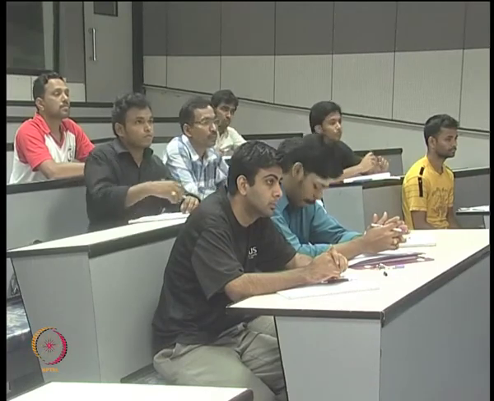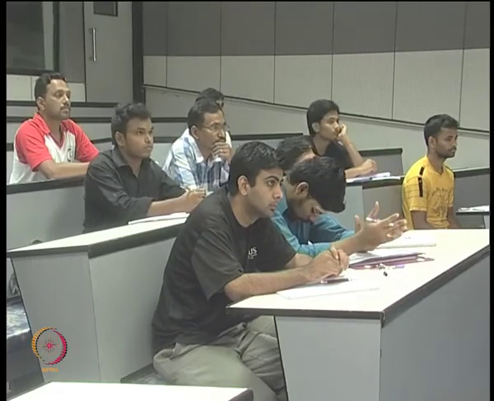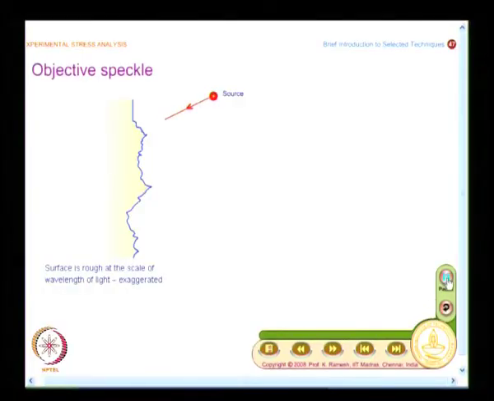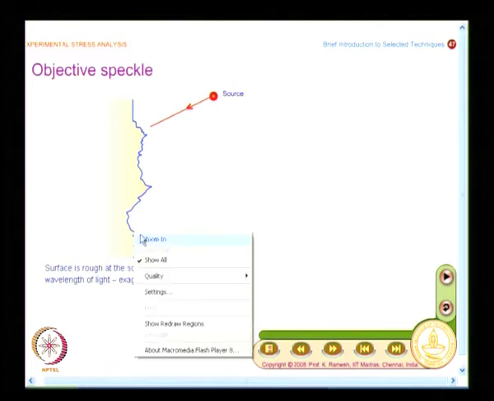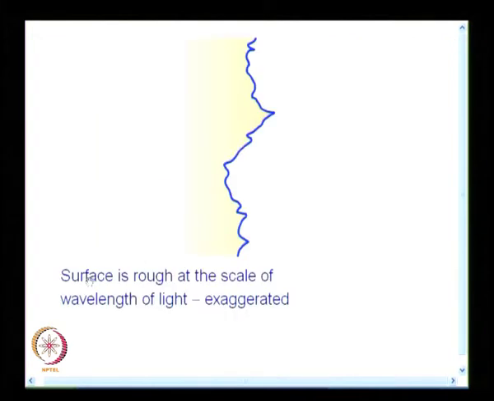And one of the important aspects in all this category is the formation of objective speckle. And what I want to show here is, the surface is rough at the scale of wavelength of light, exaggerated. So, make a sketch of the surface.